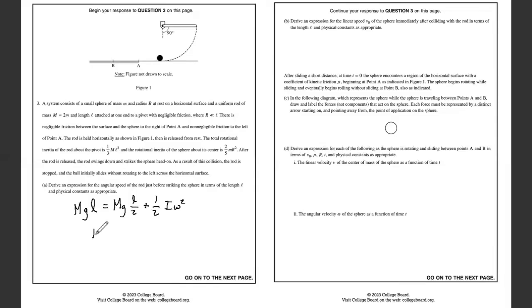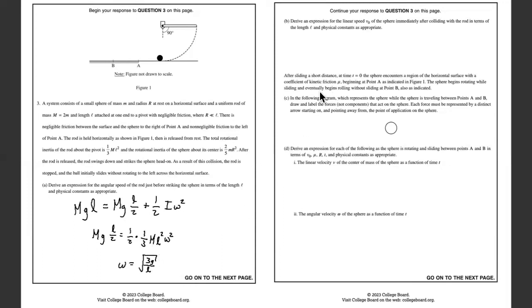Therefore MgL over 2 is equal to 1 half times 1/3 ML squared omega squared. If you solve that for omega, you get the square root of 3g over L. Not too bad.